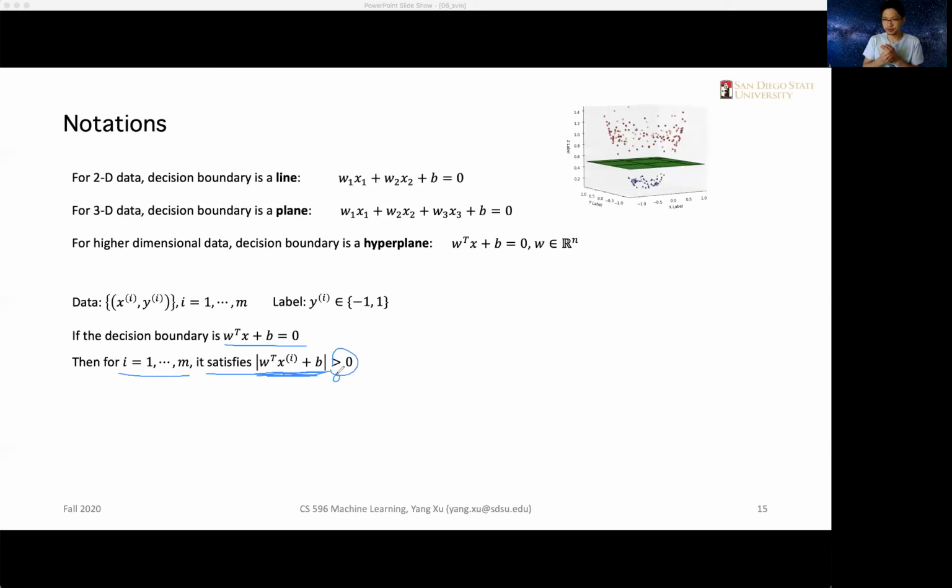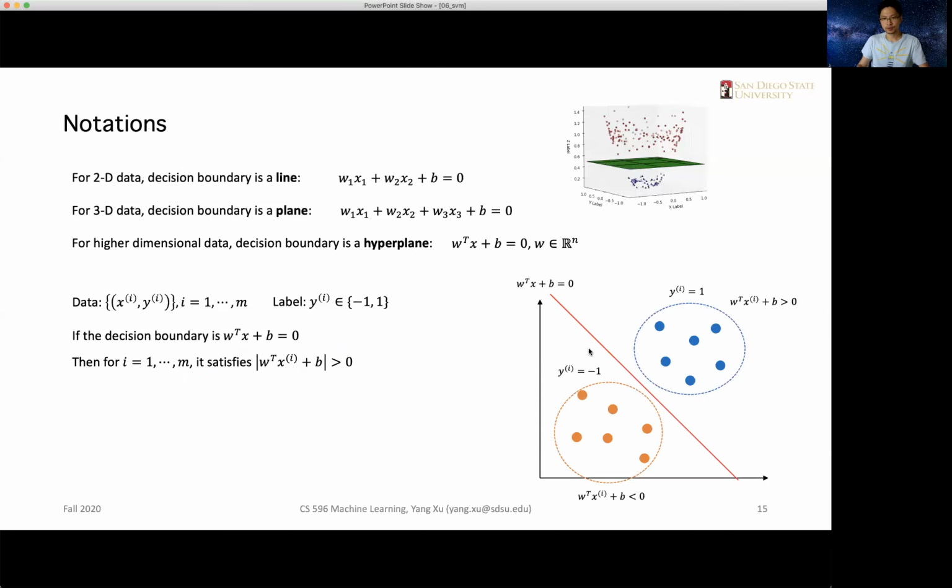This is the ideal case, because if a data point falls onto the decision boundary, then this expression would be 0, right? But we don't want that to happen. Ideally, we want a decision boundary not to cross any data points. So for any data point applied to this linear equation, the absolute value should be greater than 0. That means the value should never be 0. So that's the ideal case we are looking for.